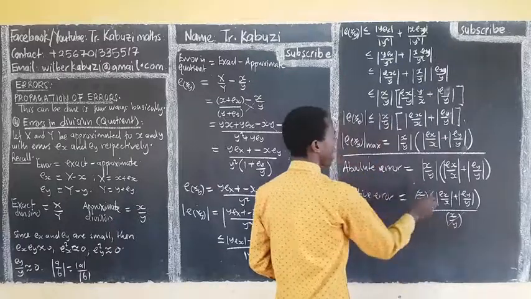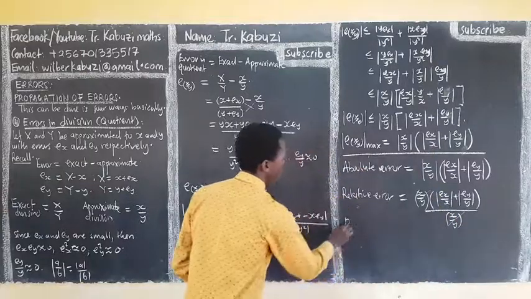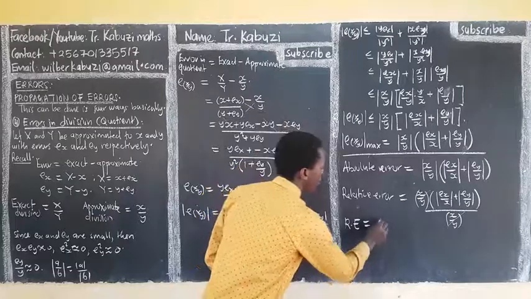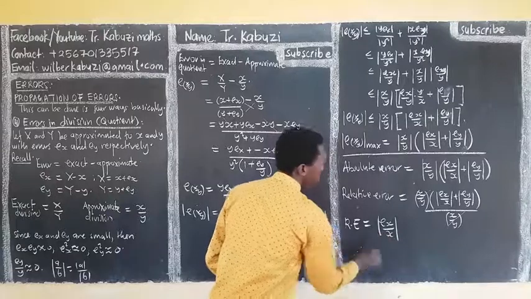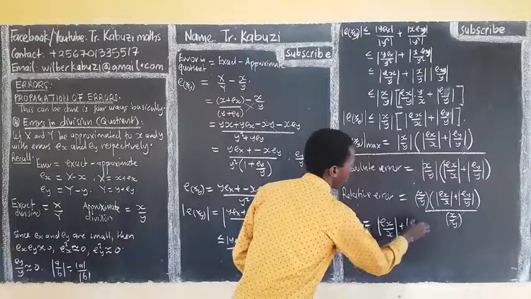Consider this, we will cancel with that. And so our relative error will simply be equal to Ex over X absolute, then plus Ey over Y.